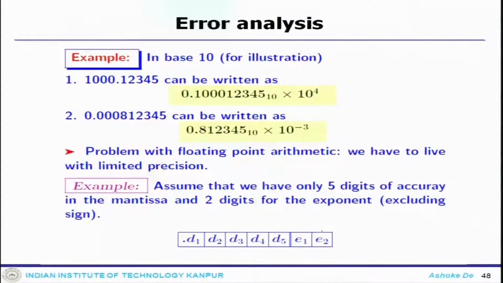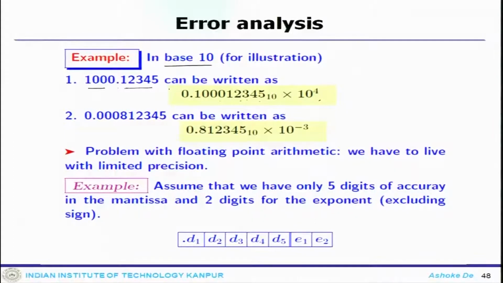Now, this is in terms of base 10. The number 1000.1234 can be written as 0.100012345 base 10 to the power 4.